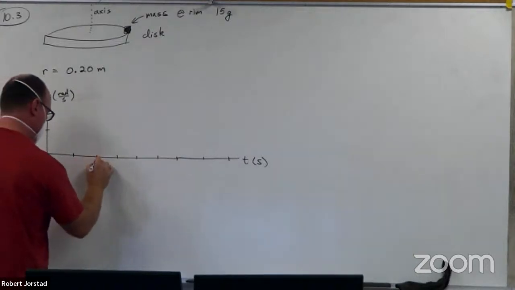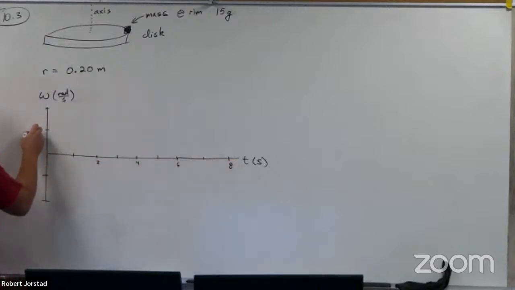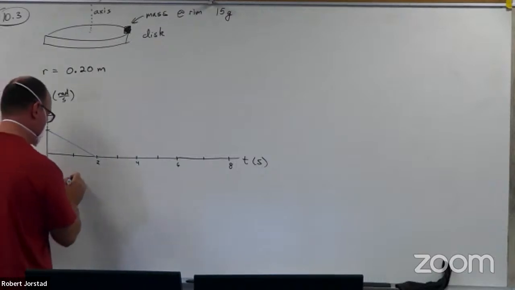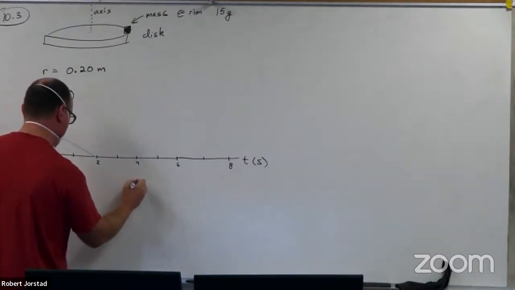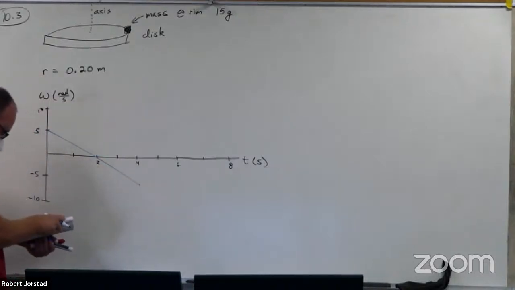This is 2, 4, 6, 8, 5, 10, -5, -10. It looks like it doesn't even go down to -10, does it?